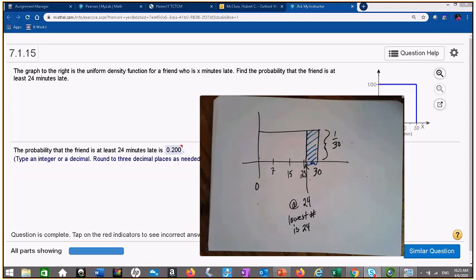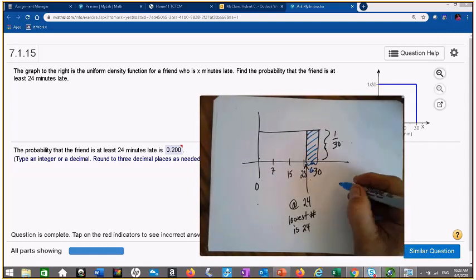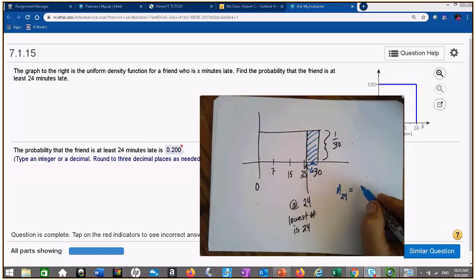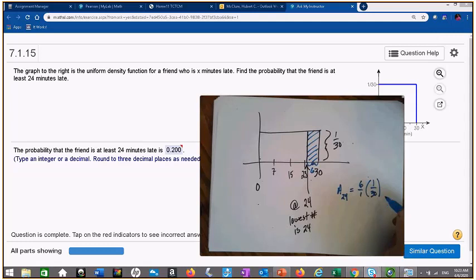Well, from 24 to 30 is what? 6. So the area at 24 is equal to 6 times 1 over 30, which is 6 over 30, which is 1 over 5, which is 2 over 10, which is equal to 0.2. And that's how you do that problem.